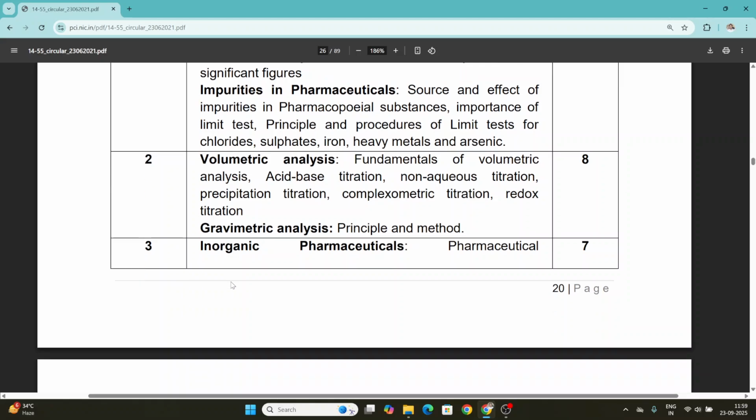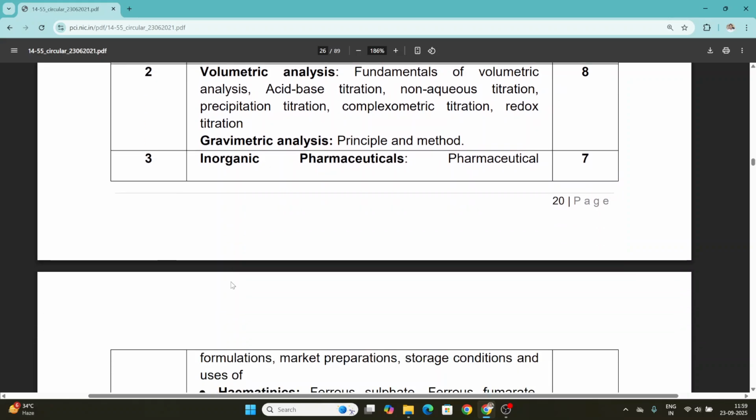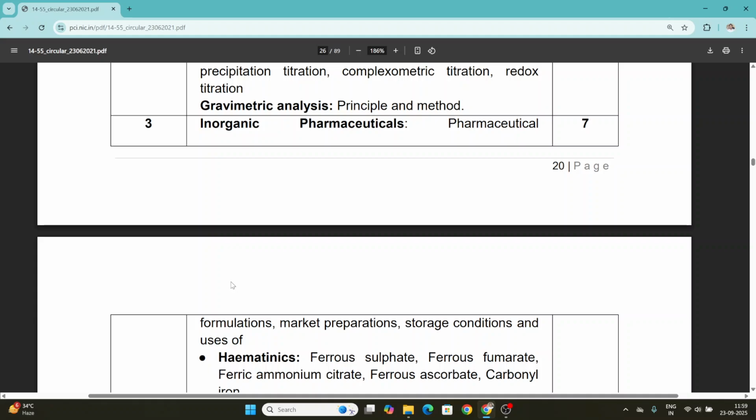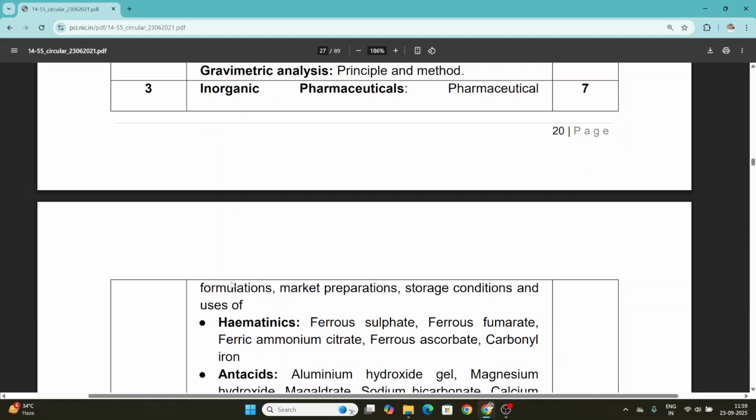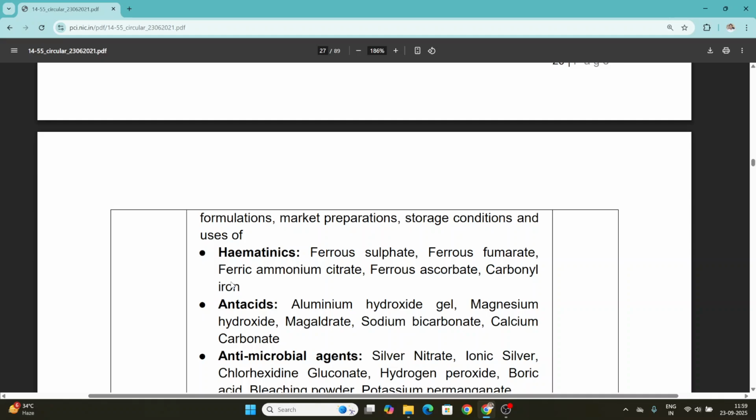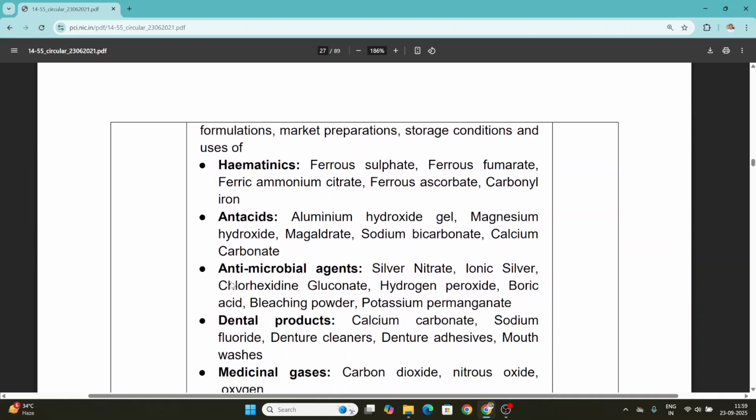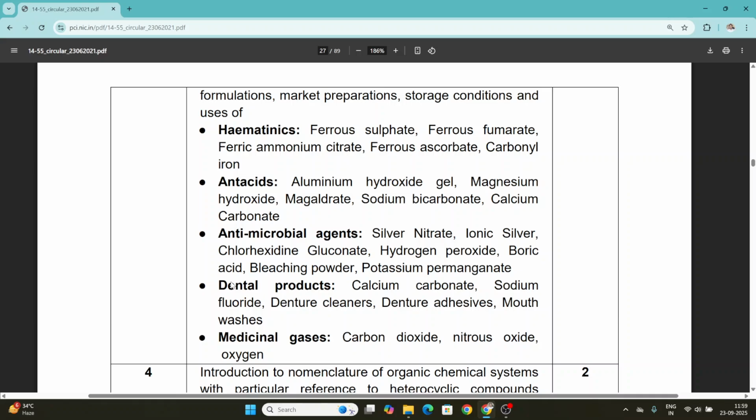Chapter 3. Inorganic pharmaceuticals, pharmaceutical formulations, market preparations, storage conditions and uses of hematinics: ferrous sulfate, ferrous fumarate, ferric ammonium citrate, ferrous ascorbate, carbonyl iron. Antacids: aluminum hydroxide gel, magnesium hydroxide, megaldrate, sodium bicarbonate, calcium carbonate.